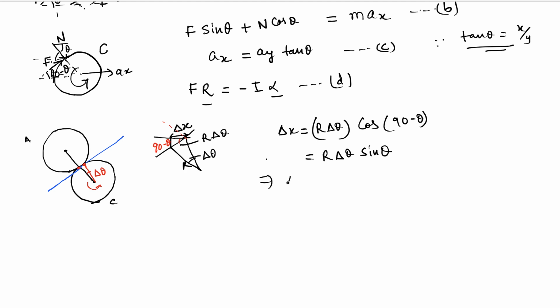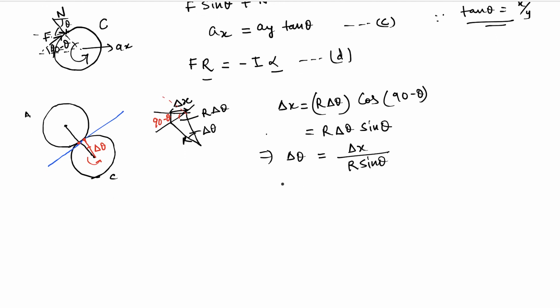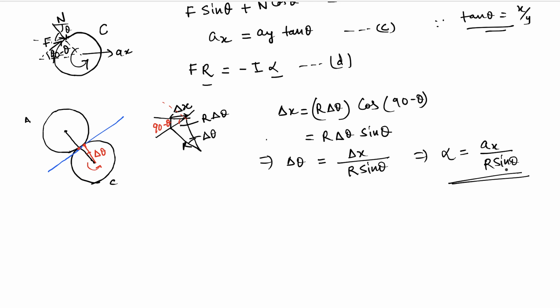Therefore delta theta is delta x by r sine theta, and for a given theta we can just write it as alpha equal to ax by r sine theta if you double differentiate this. Okay, so this is the relation between alpha and ax in the second case.